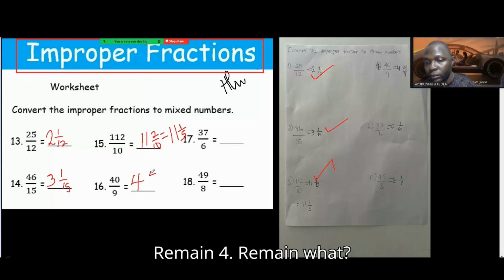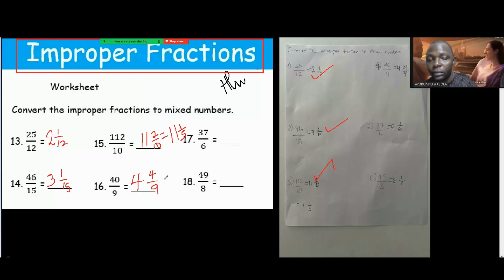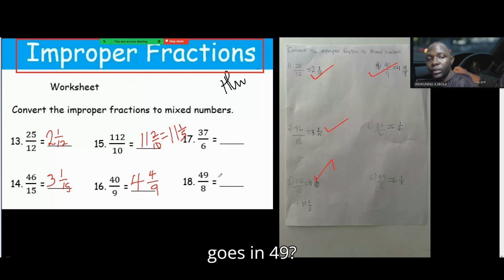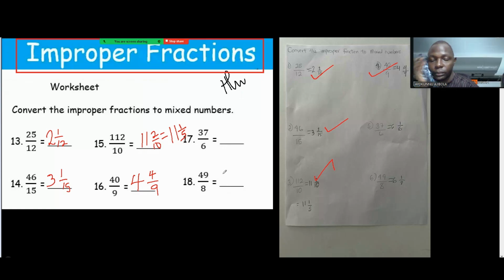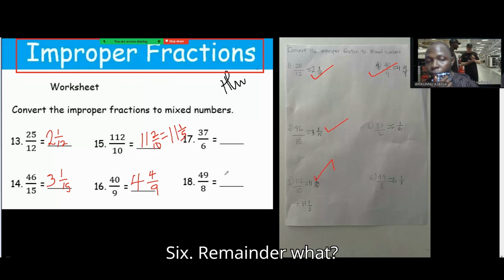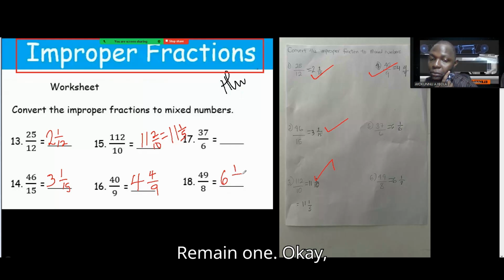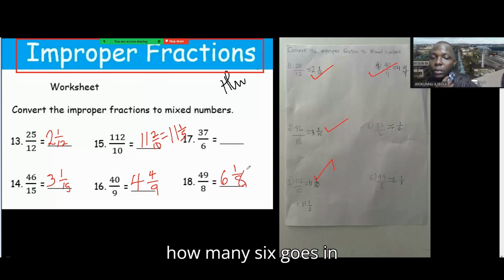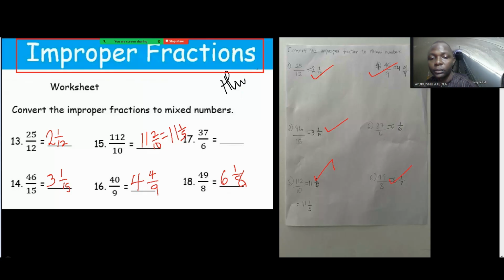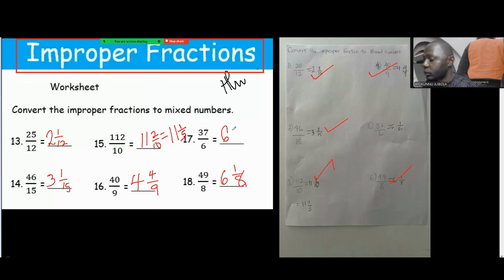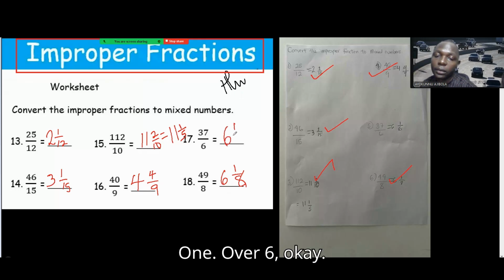Remainder 4. How many 8 goes in 49? 6. Remainder what? Remainder 1. Okay. How many 6 goes in 37? 6. Remainder what? 1, over 6.